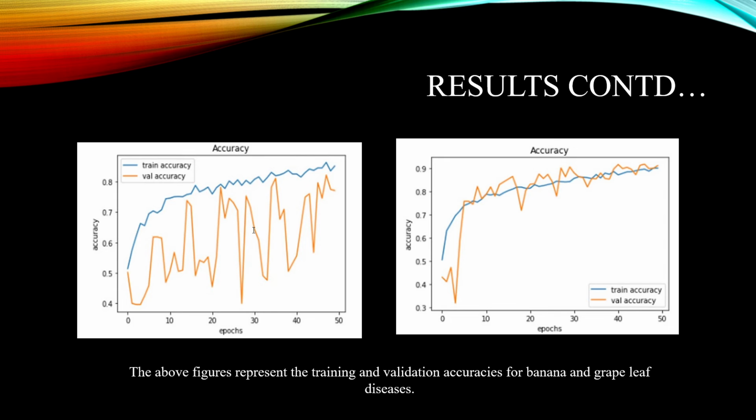And we have observed as the number of epochs will increase, the accuracy will increase. So presently we have applied 15 epochs here. We have also done it with 25 epochs and 50 epochs also, and the same is for the banana also.